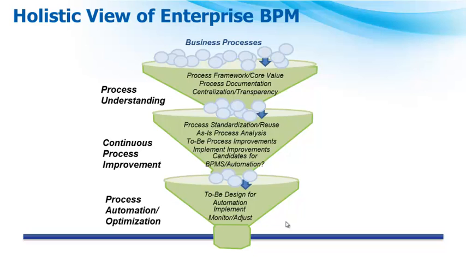We look for ways to establish to-be processes, or what's going to be the way we're going to perform this process in the future in a more optimal way. And then candidates fall out of that that are well suited for business process management systems or automation, where we can further optimize and control and manage those processes through the implementation of technology.